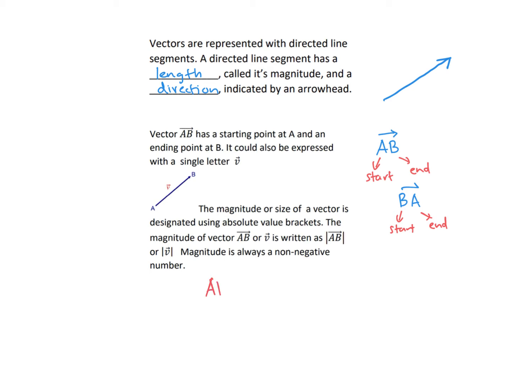So AB is a vector, whereas if I put absolute value symbols around this, then this is the magnitude of the vector. So I'm looking at the length or the size of that vector. And of course, absolute value is always positive, so the magnitude is always a non-negative number.